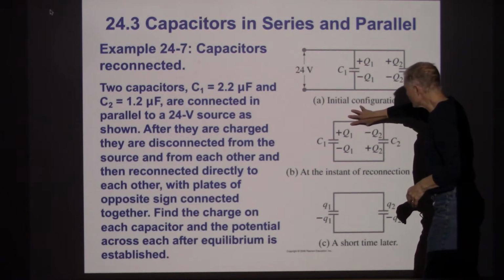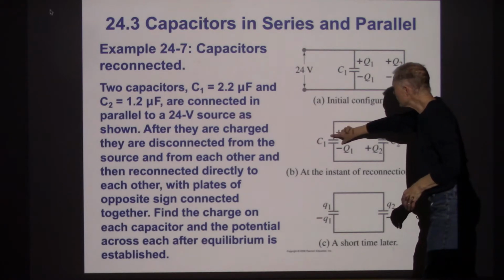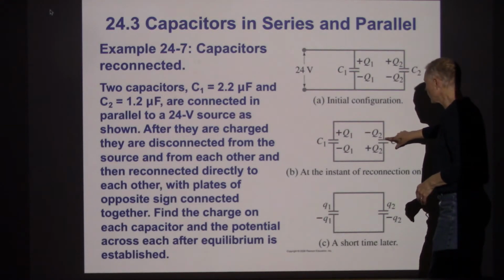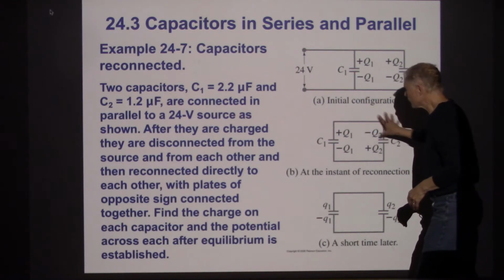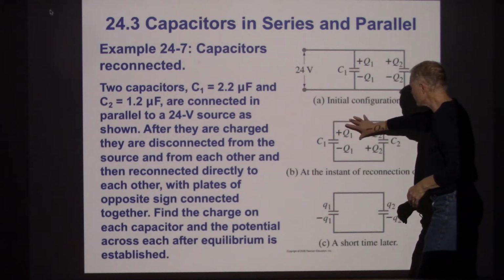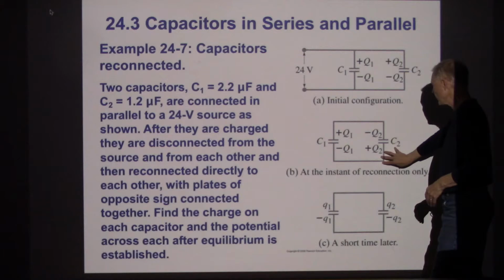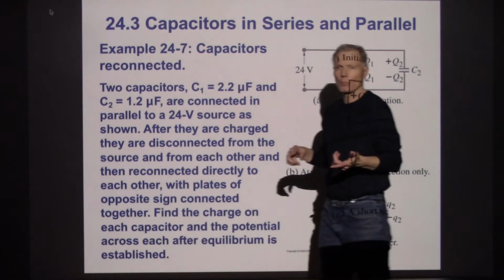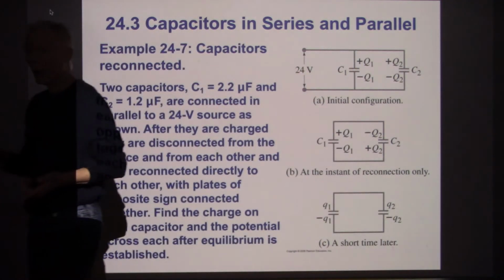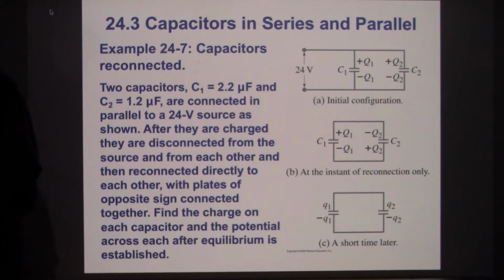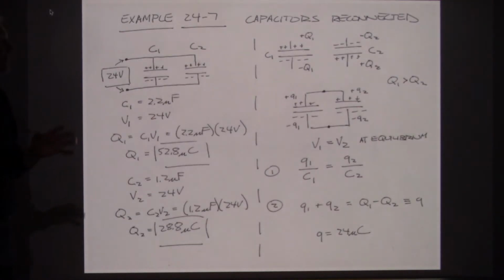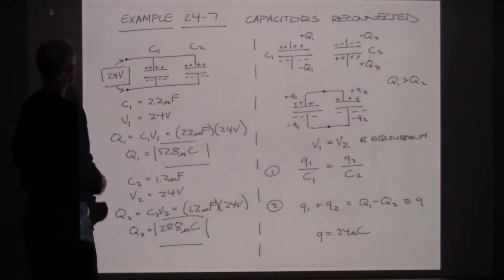Now the charge that remains is going to get divided between capacitor 1 and capacitor 2. Everything we calculate for this works the very same with the lower plates, except the signs will be reversed. So let's take a look and see how this works out. It's a good conceptual problem for thinking about how these capacitors work.